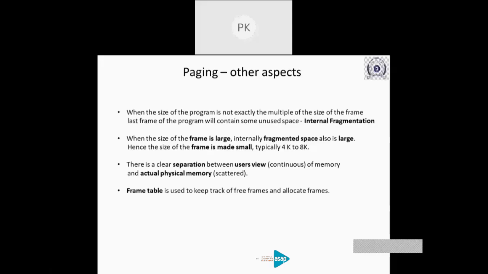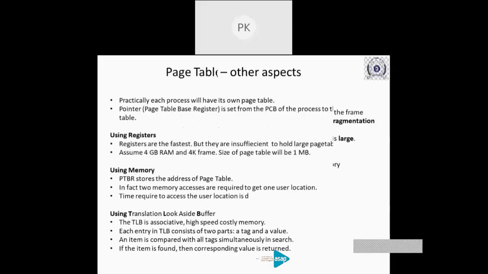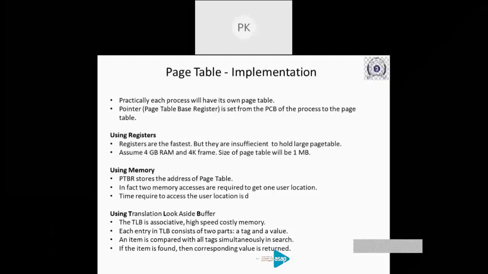Now let us see the implementation of a page table: how the page table is implemented, or how the page number is stored. So far, we have seen that the page tables of all processes are organized collectively to form a huge page table. But practically, every process will keep the details about its own page table.